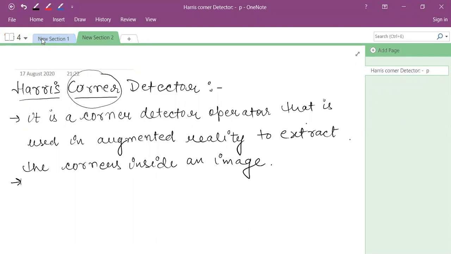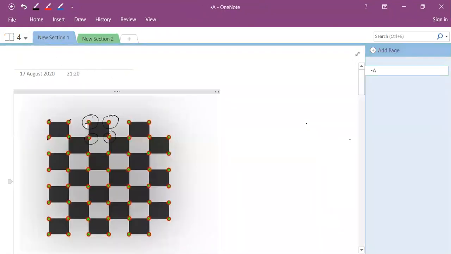Like in this diagram, if this one is the corner, then its neighborhood pixels, the pixels at a very short distance, lie in different directions with respect to the corner pixel.